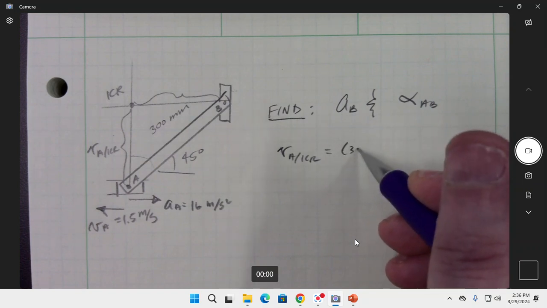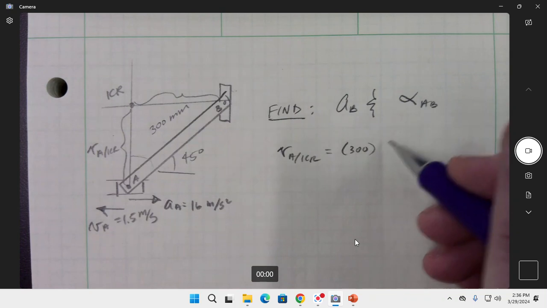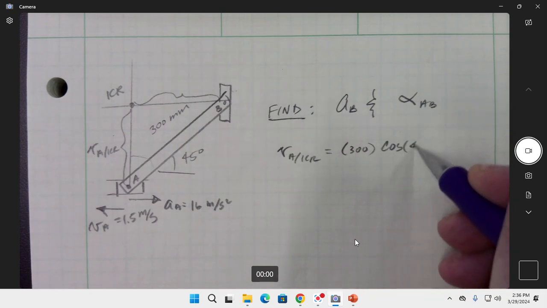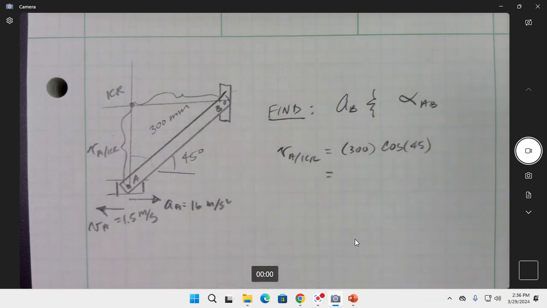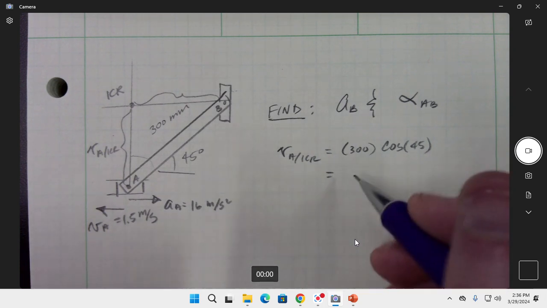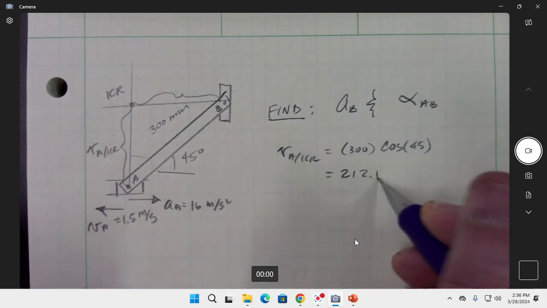Doesn't matter. 300 cosine 45. So you get 212.1.